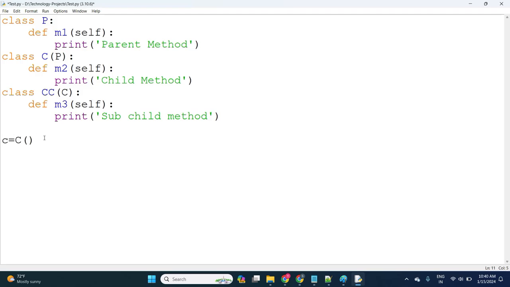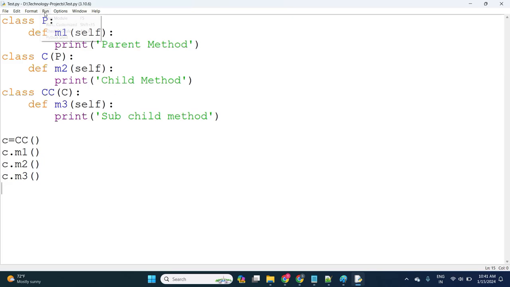C is equal to, I'm creating an object for the last child class. By using that, I'm calling the instance method from all classes: c.m1, c.m2, c.m3.